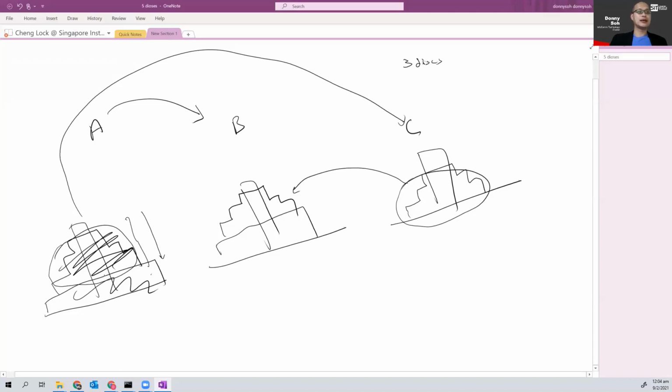And we are going to move the unit to my intermediate pole, and then move my last disk to my objective and move back the rest of the disks back to B. Okay.